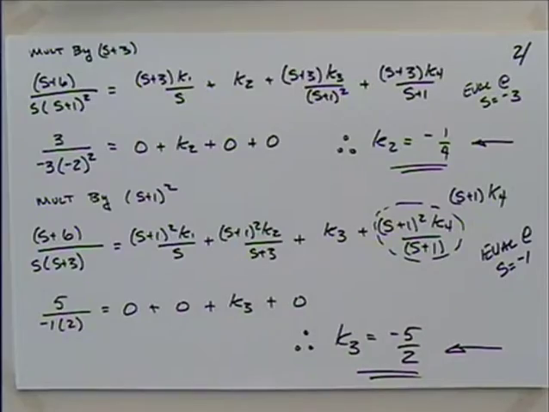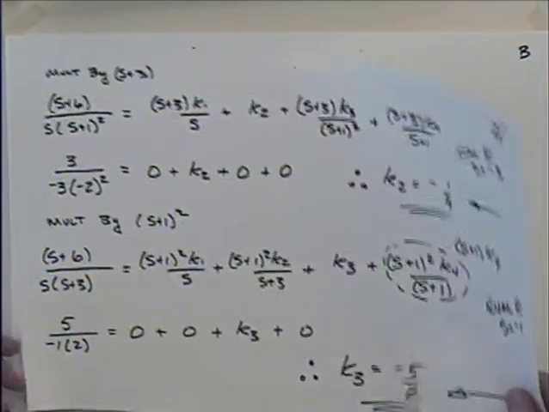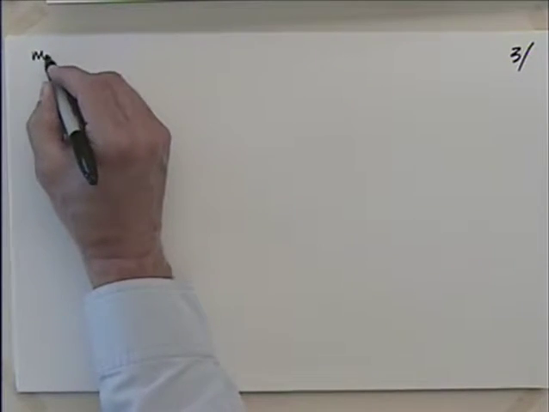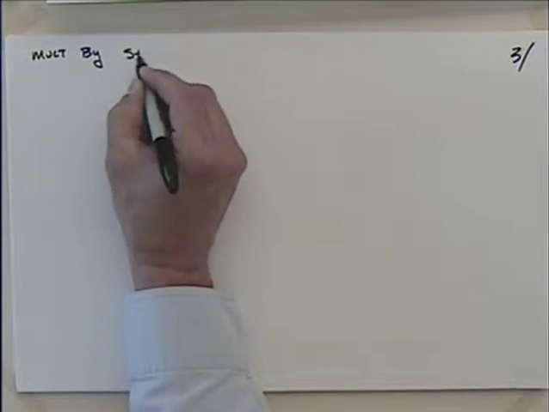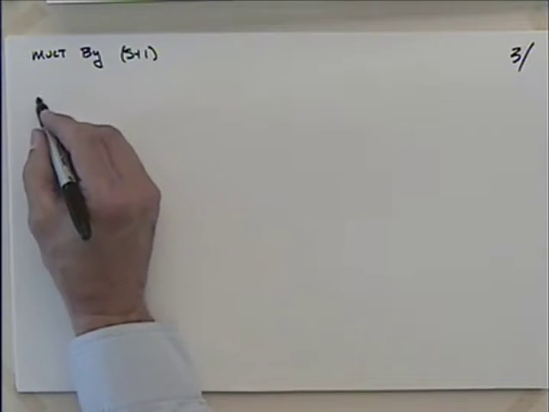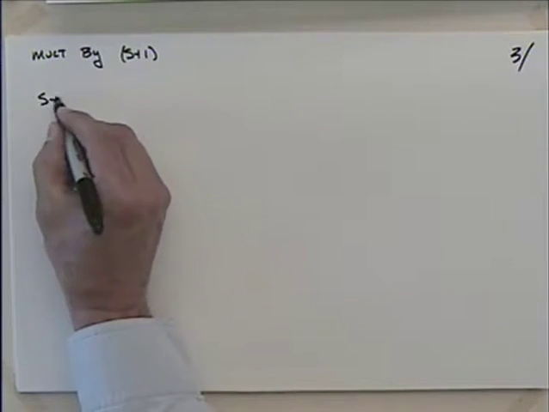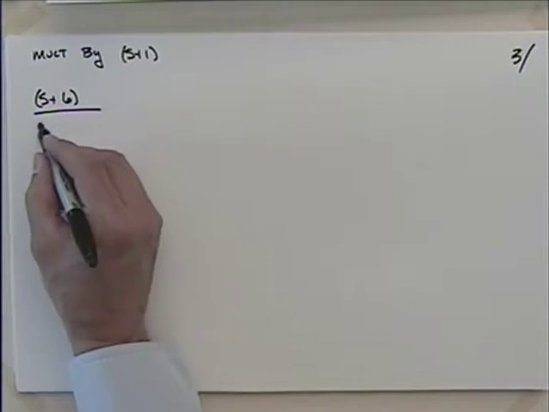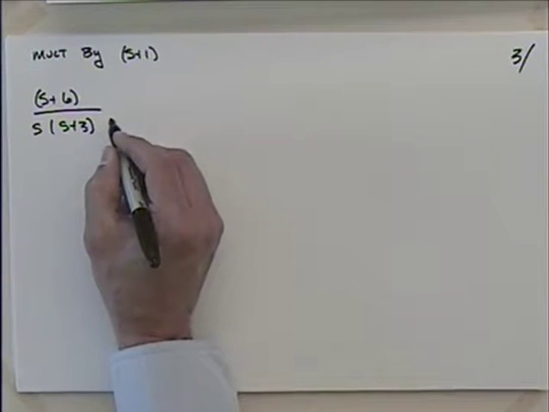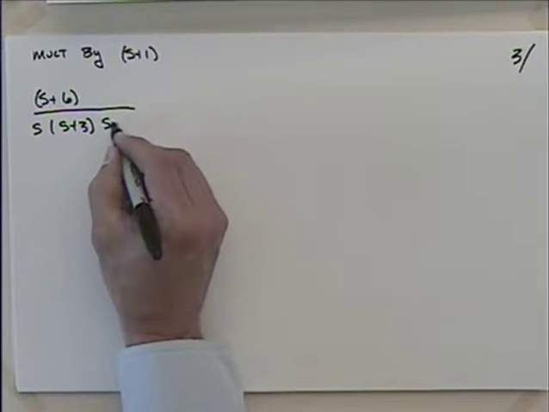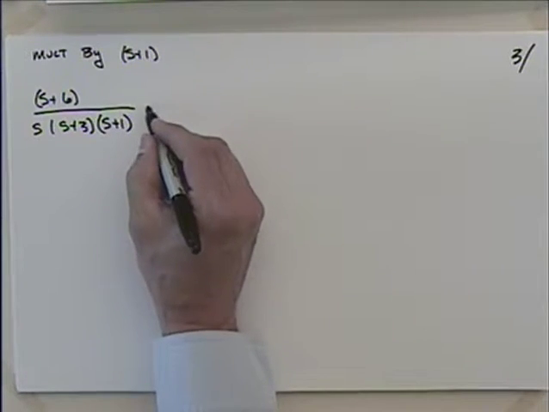Okay, good. So let's continue on. So I'm going to multiply then. I guess we have the last one, s plus 1. So when I do that, I'm going to have s plus 6 divided by s times s plus 3 times, when I multiply by s plus 1, I still have an s plus 1 to the first power down there, don't I?